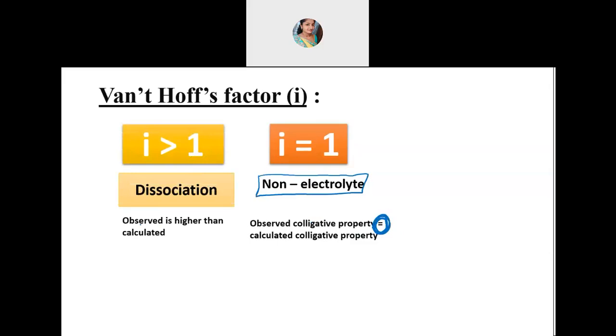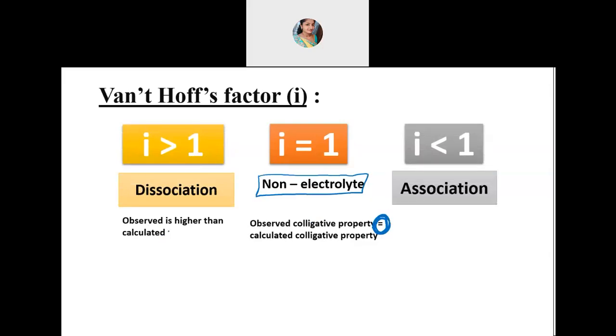So in that case, your observed value will be higher compared to the calculated one. But if it is association, you will get a lesser value. So in that case, the observed value will be lower than the calculated one. So this is all about the abnormal molar mass and how we have corrected that by using the i factor. So you take down all this.